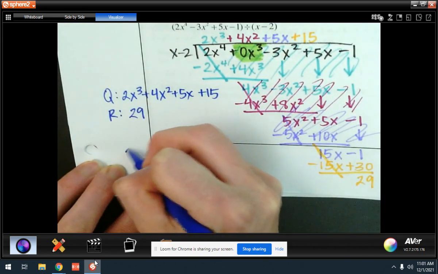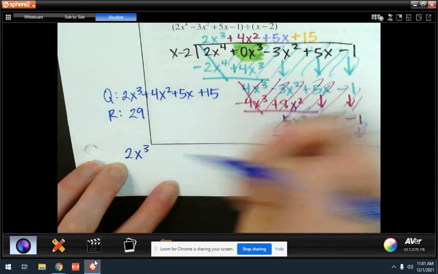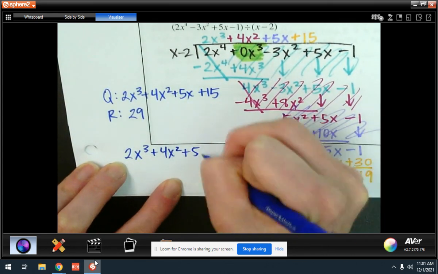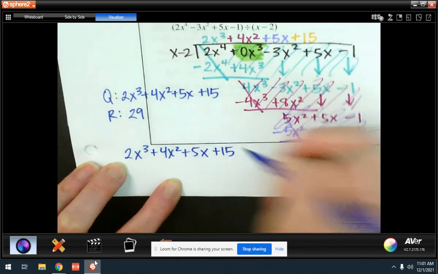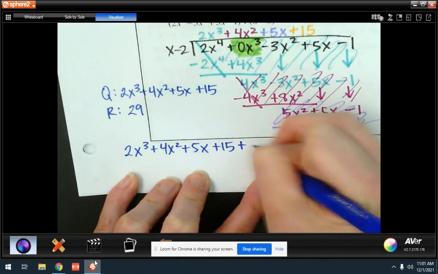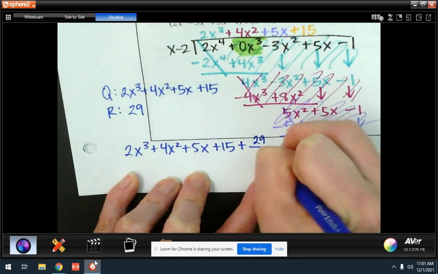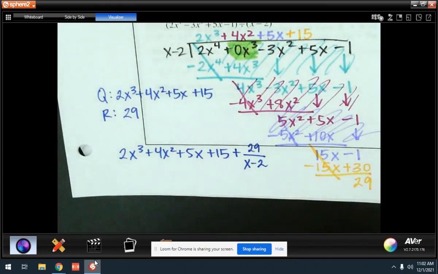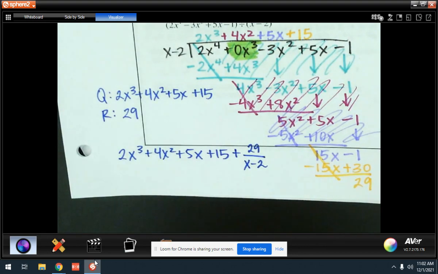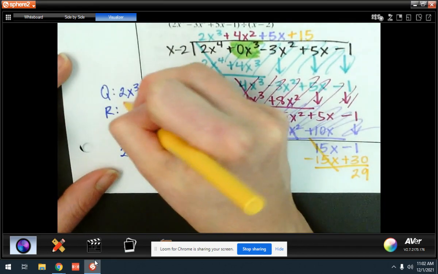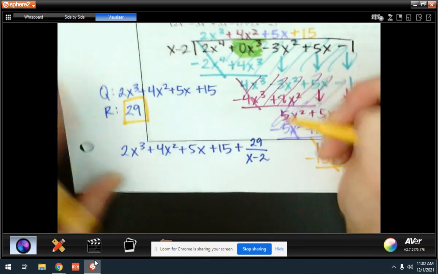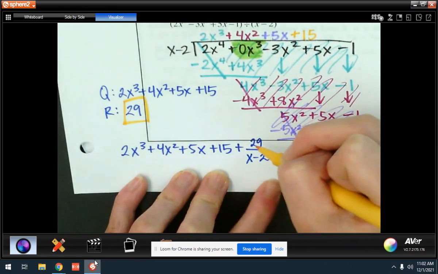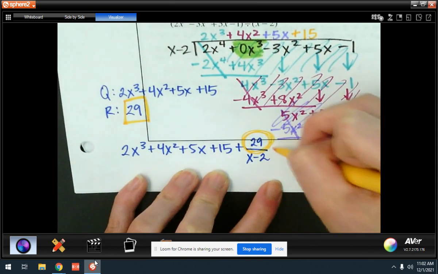And so if we were just writing it out as a single expression, you would have a plus sign after the 15 and then a 29 divided by the x minus 2. Something that's really important is if I do ask for the remainder, make sure you're just typing in the 29, not the 29 divided by x minus 2. Okay, this is the remainder.